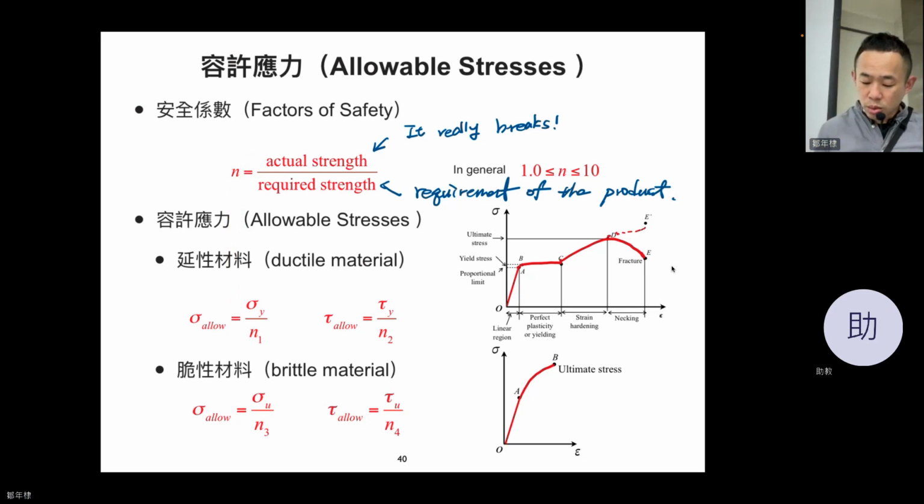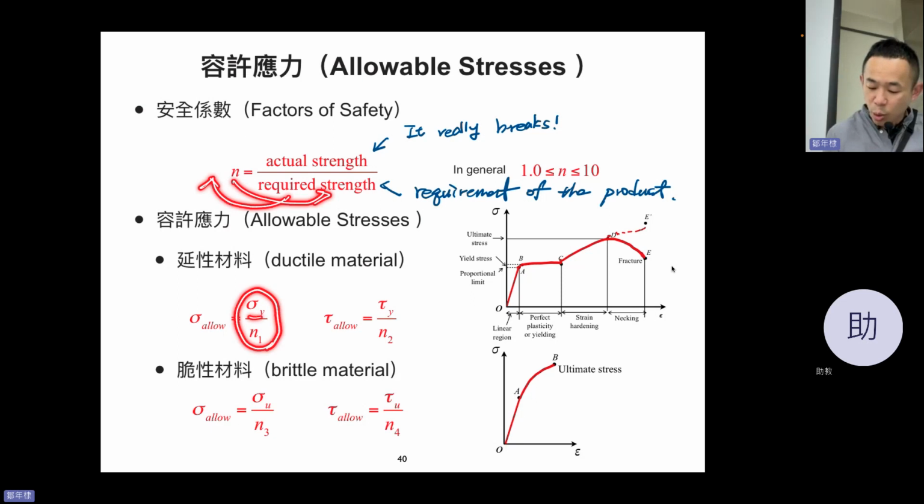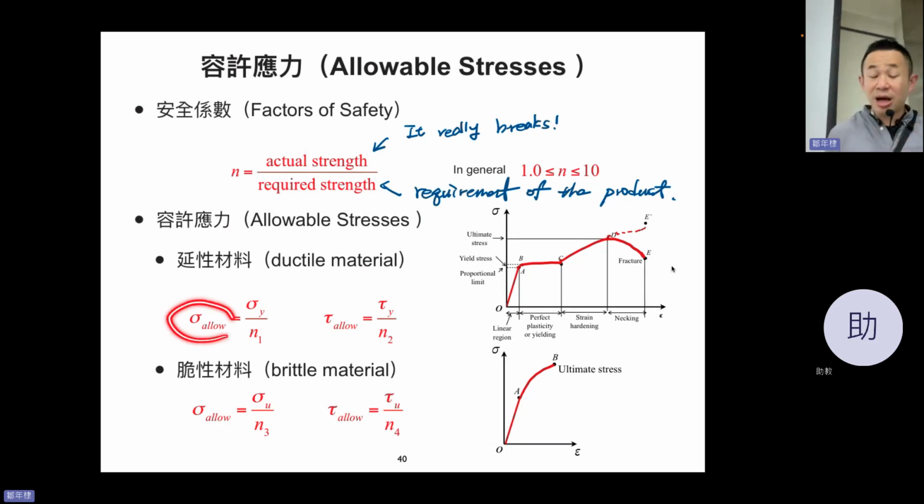So sigma allowable is the requirement of the product. Sigma y is where the material actually yields, not functional. So sigma y divided by n is sigma allowable.